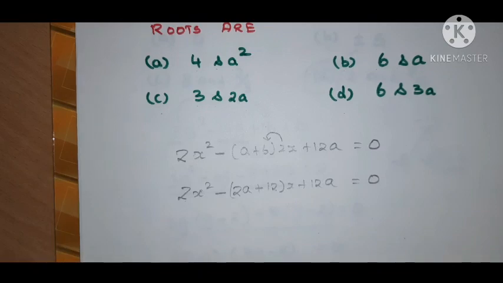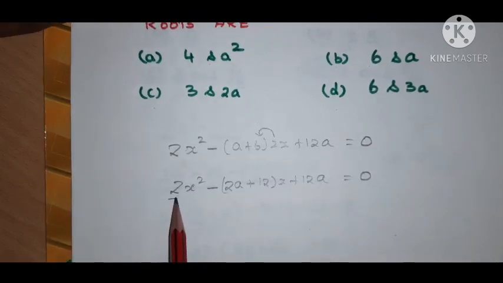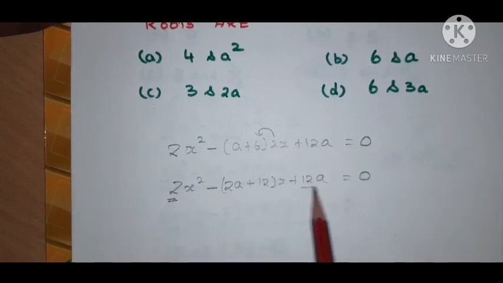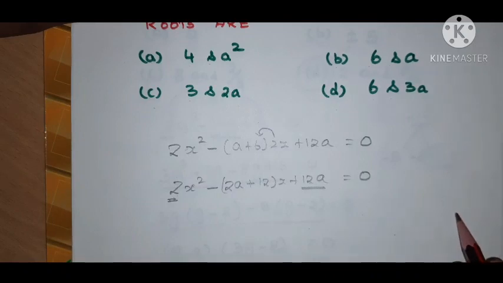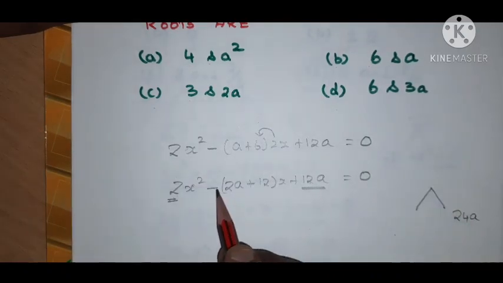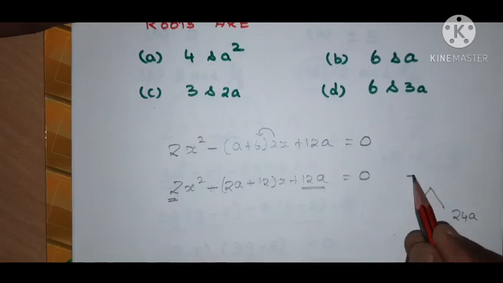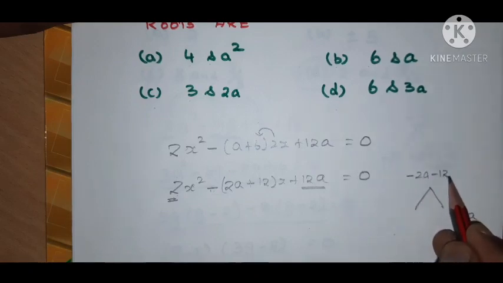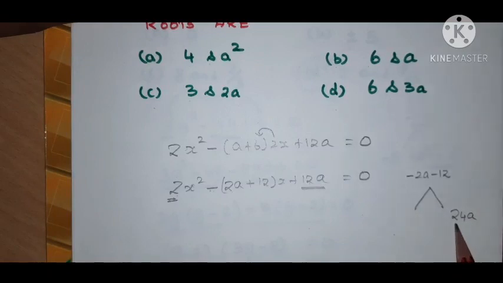Even though, for learning purposes, we'll do it. Look at the x squared term. We have a coefficient 2 here and the constant term is 12a. So 2 into 12 is 24, so 24a. Here the minus sign is there, so inside it will be minus 2a and minus 12. If I multiply the two terms, it should provide plus 24a.